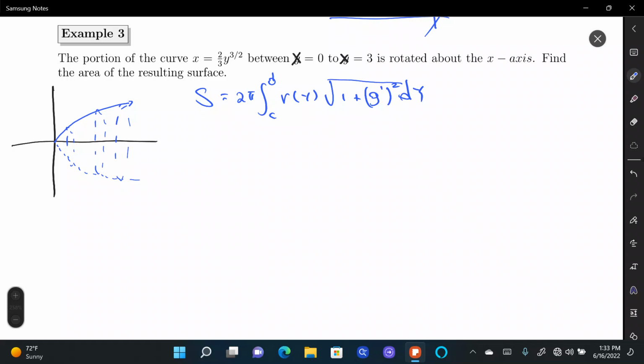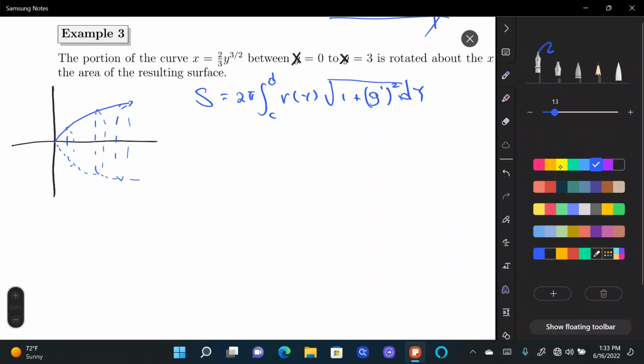Okay, so let's see. Now when we analyze this region, the most important and typically the tricky part when setting this up is to determine the radius of the region. And in this case, the rotation is going about the x-axis. That means the distance from the axis of rotation to any point on the graph that we are rotating is vertical.